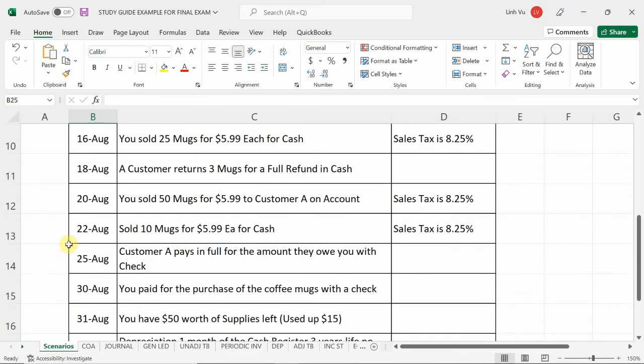So then now we are on August 20th. August 20th, you end up selling 50 mugs for $5.99 each to customer A on account. Sales tax was 8.25%.